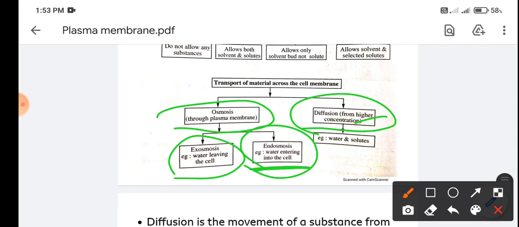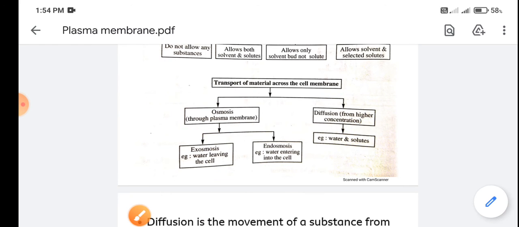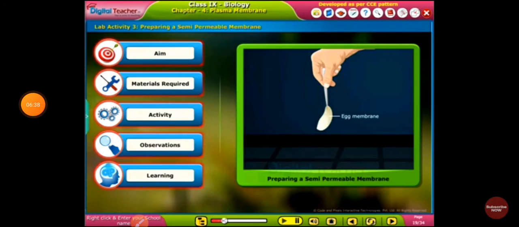Endosmosis means water entering the cell, like in the egg cell experiment. Diffusion means movement from higher concentration to lower concentration, for example of water and solvents.